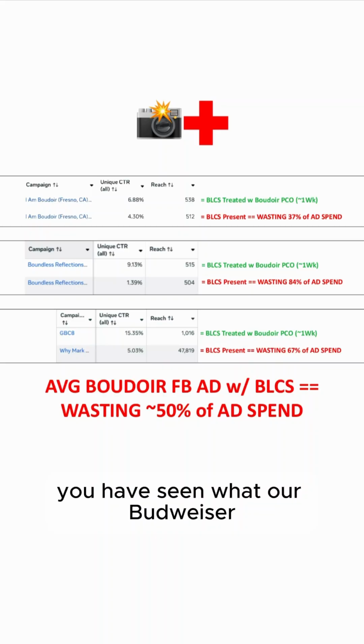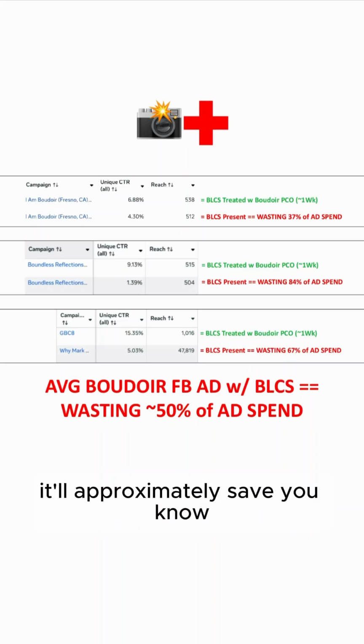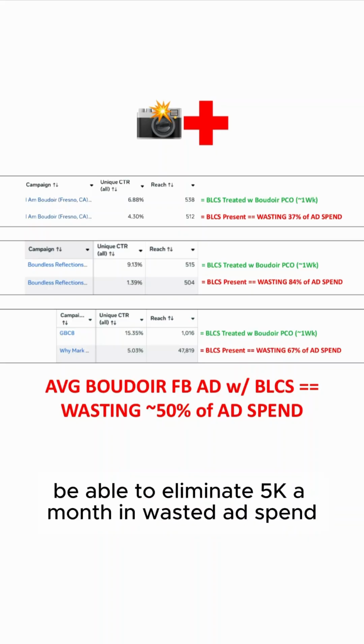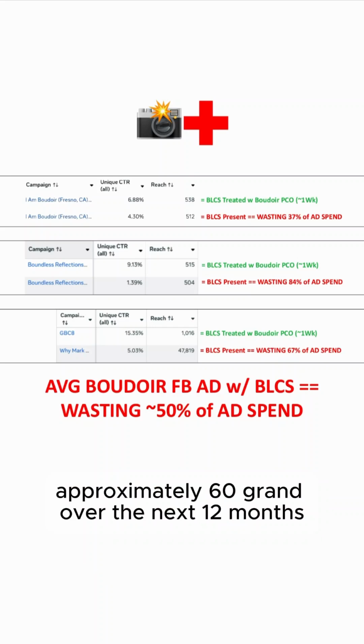And you have seen what our Boudoir Pico solution can do for others. So spend 10 grand a month on average, it'll approximately be able to eliminate 5K a month in wasted ad spend back into your pocket, approximately 60 grand over the next 12 months.